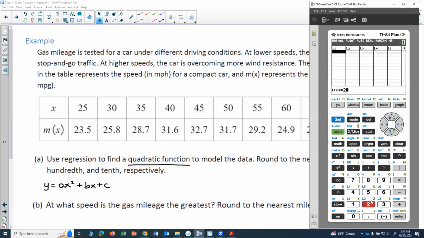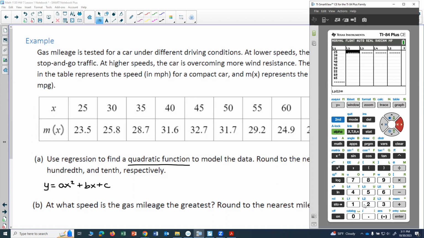And now I'm going to type in the x values in list 1 and the y values in list 2. So list 1 is 25, 30, 35, 40, 45, 50, 55, 60, and 65.